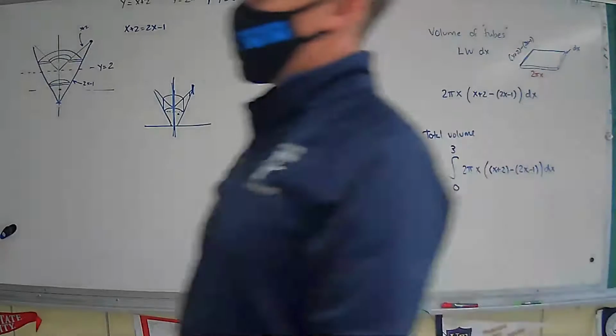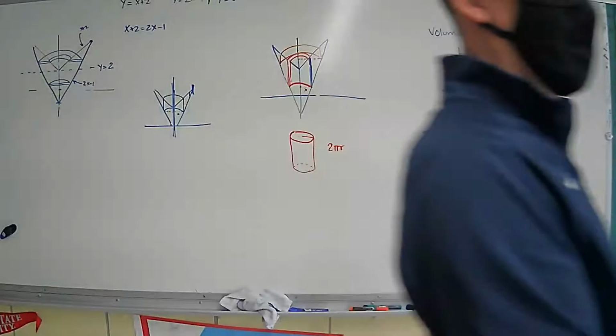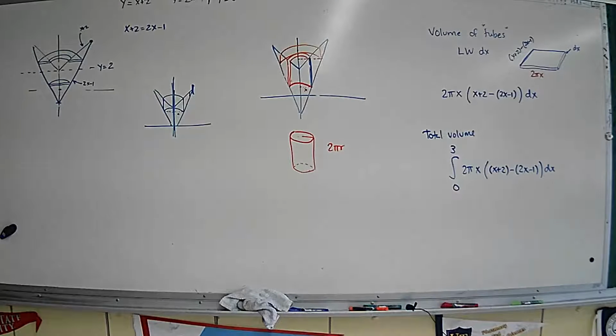Here's a bunch of nested cylinders. You can see them here. This is basically a bunch of cylinders that are all nested within each other, except these all have the same height. Those nested cylinders would have different heights, right? But why did we call these shells?